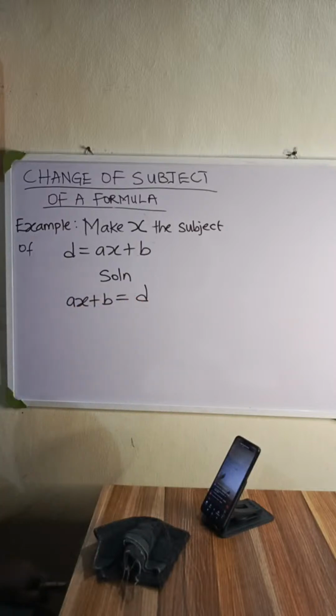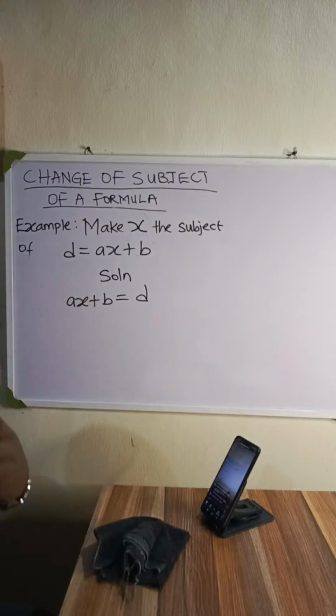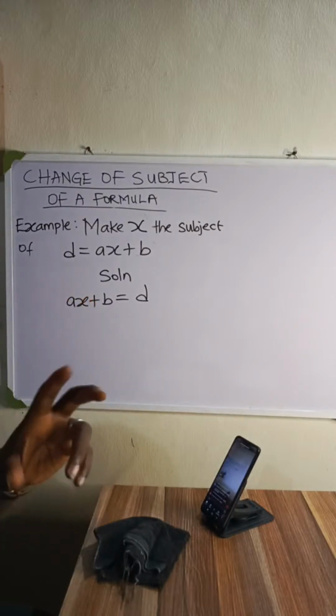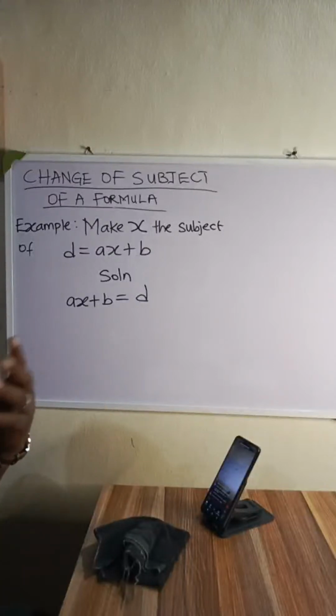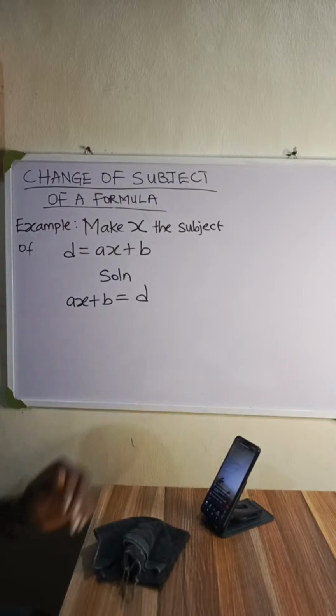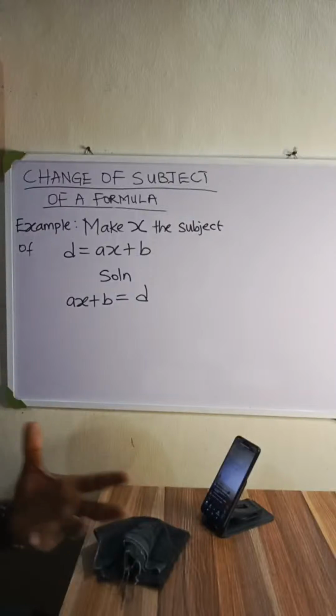So let's start with moving plus B to the right. Remember, a formula is an equation. So when solving equations, if you want to eliminate a value, you introduce the opposite of that value.